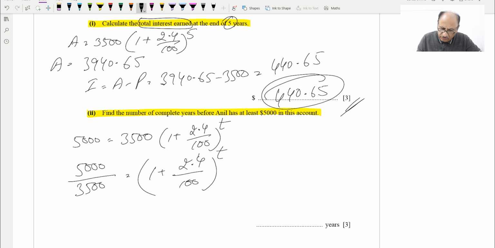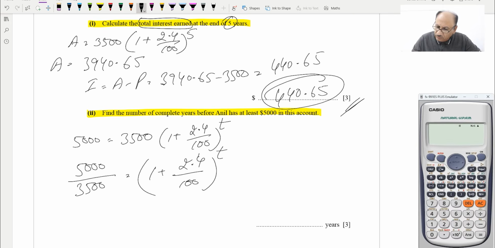So we can use the calculator for that: 5,000 over 3,500 is equal to (1 plus 2.4 over 100) raised to the power x. We write x over here, and now we solve for x.